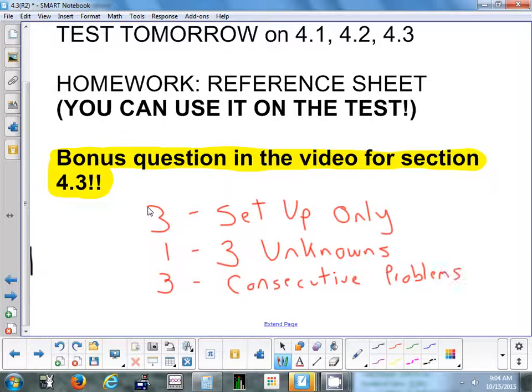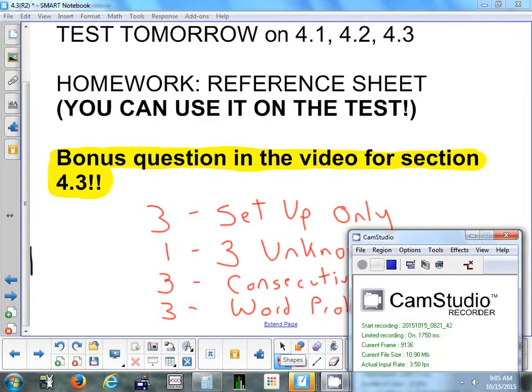There'll be 3 consecutive problems. That's the one we just did, right? Yep, it's like what we just did. All right, and there'll be 3 word problems where you have to actually solve. All right, so that's how the test is going to be set up tomorrow.